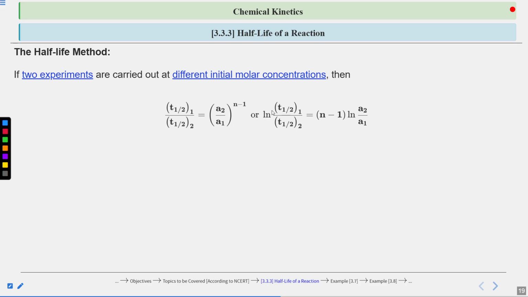Or you can say ln of (t_half1 by t_half2) is equal to (n minus 1) ln (A2 by A1). So two experiments you have to carry out at different initial molar concentrations.